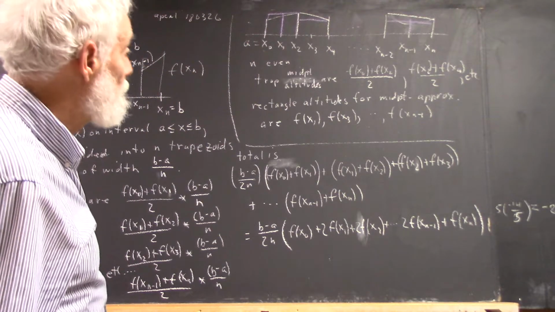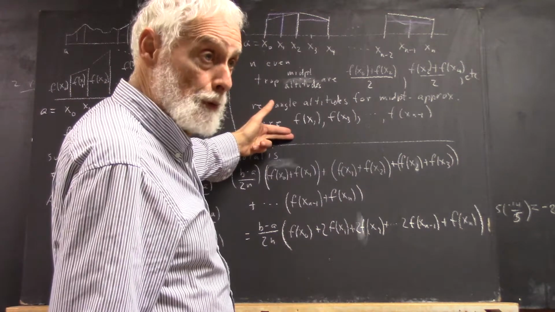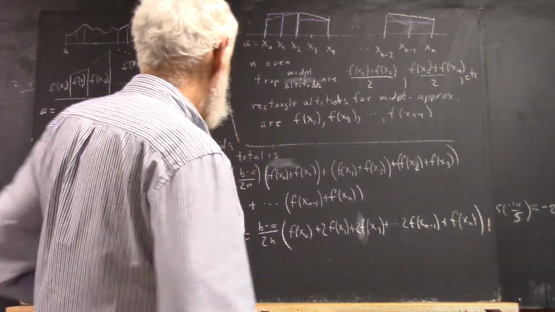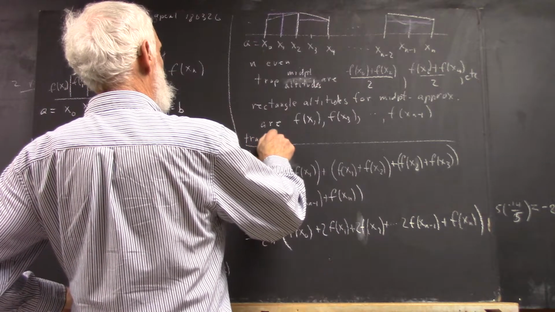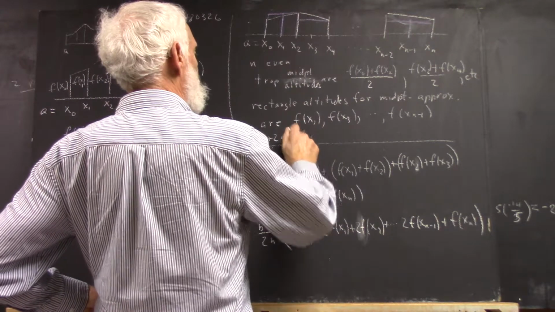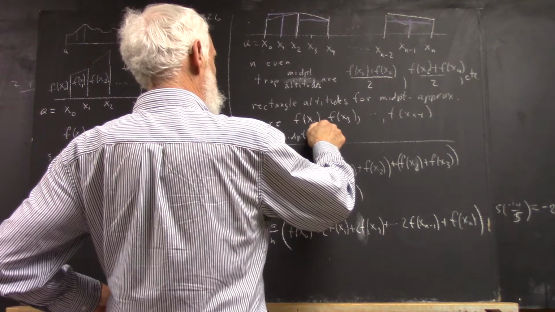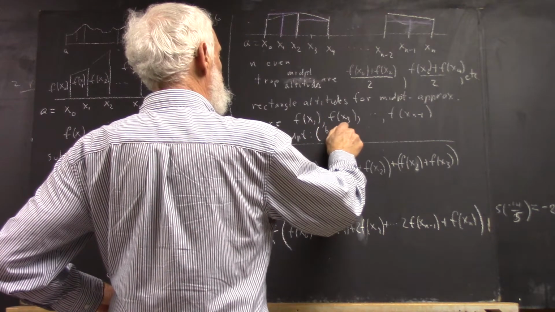Okay, so that a trap plus 2 of the midpoint, your area approximation would be b minus a.